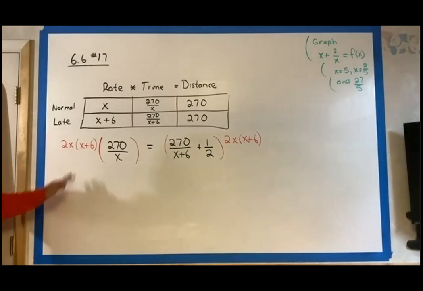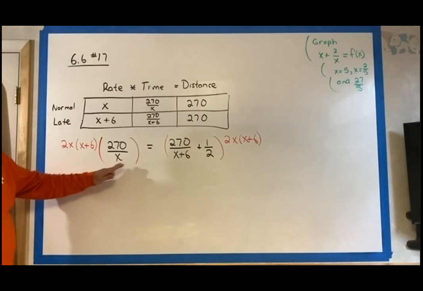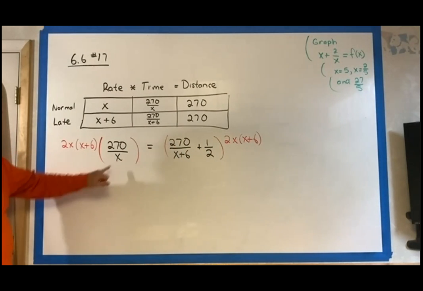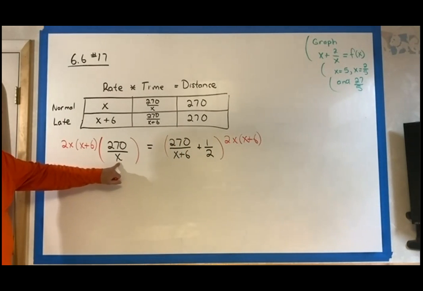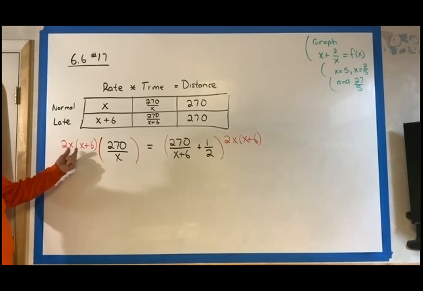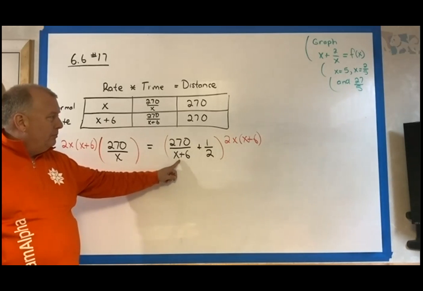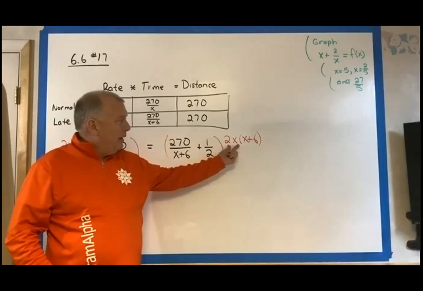I can't do anything except multiply the three denominators, really. This person is missing an x plus 6 and a 2. So that's what I have to supply. This person is missing an x and a 2. That's what I have to supply.